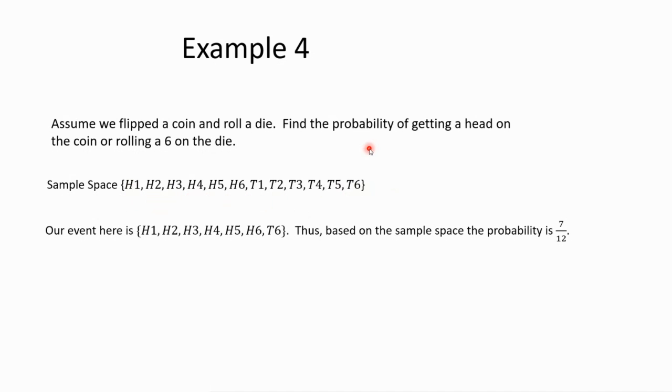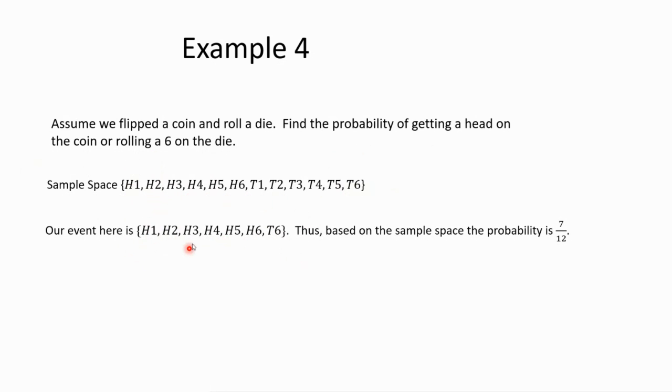So what are the outcomes where the coin lands heads up or we roll a 6? I have that listed here. The event we're looking for, the coin landing heads up or rolling a 6, is these.